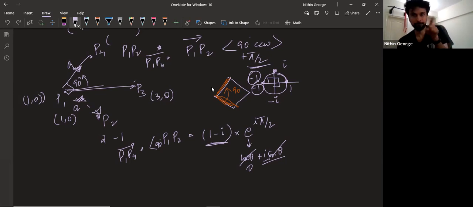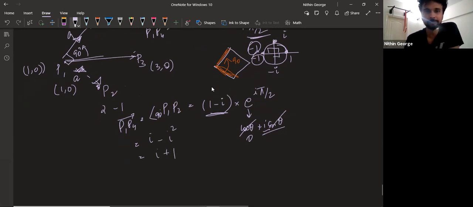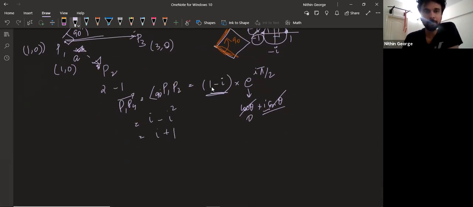Okay. So it's 1 minus i here, which was P1, P2. Multiply it by i. So what do you get here? It becomes i minus i square, which becomes i plus 1. Right. So P1, P4 is P4, which is x plus iy, minus P1, which is 1 plus 0i.